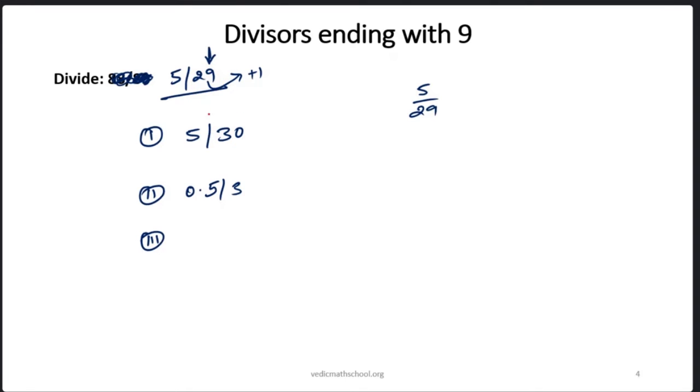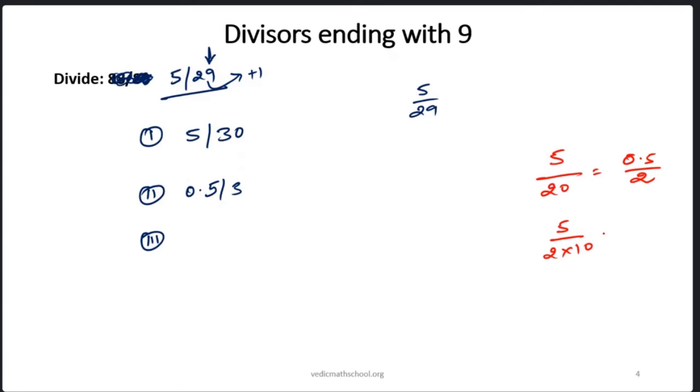Now the next step is what? I remove this 0. So how are you going to remove it? Suppose the number is 5 and you are dividing with 20. What will it become? Actually, it will become 0.5/2. Can we write it down like this? Because this 0 is always going to give you the decimal value, right? This is simple division. If you don't understand, you can break this number like this.